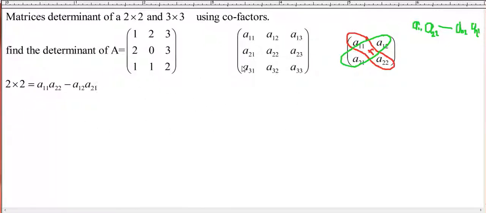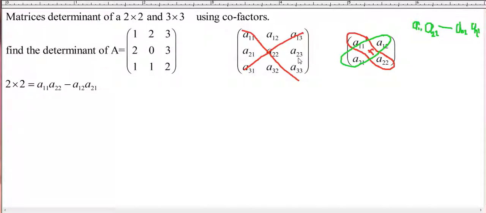But the problem comes in when we have a bigger matrix. We can't use the diagonals for this one, because if we do, we'll have A21 and A23 left in the matrix. So by using cofactors, we'll try to reduce this matrix to a 2 by 2 matrix.